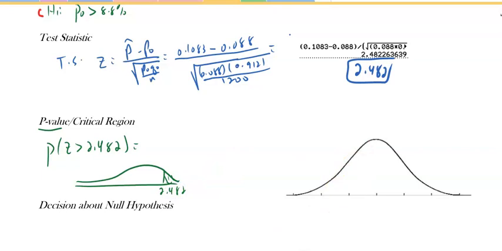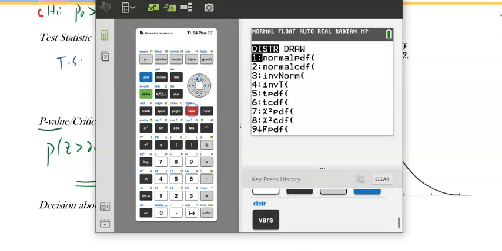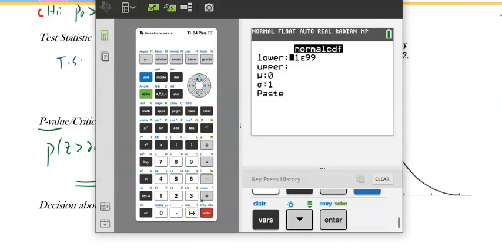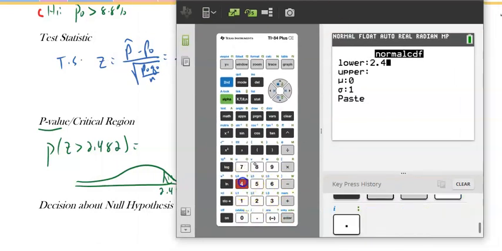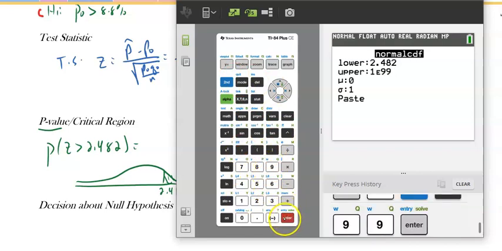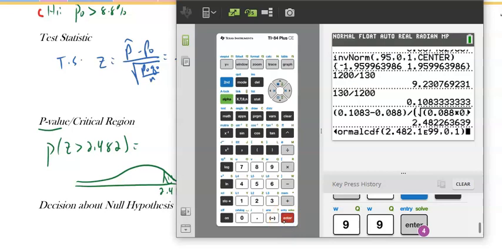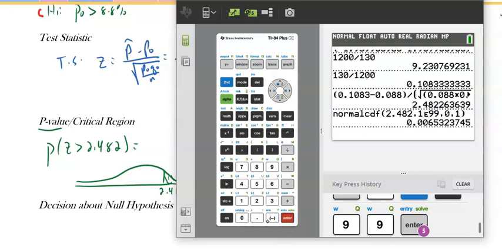I'll get my calculator out and I'll go for a distribution, and I want a normal CDF, and the area is going to run from, what did we say? I forgot. 2.482. The upper is, remember, we put 1 e to the 99. The average in this case would be using a z-score.